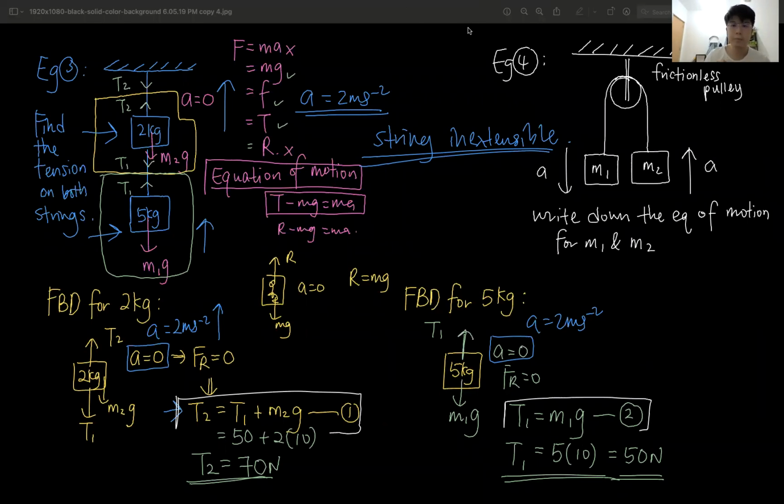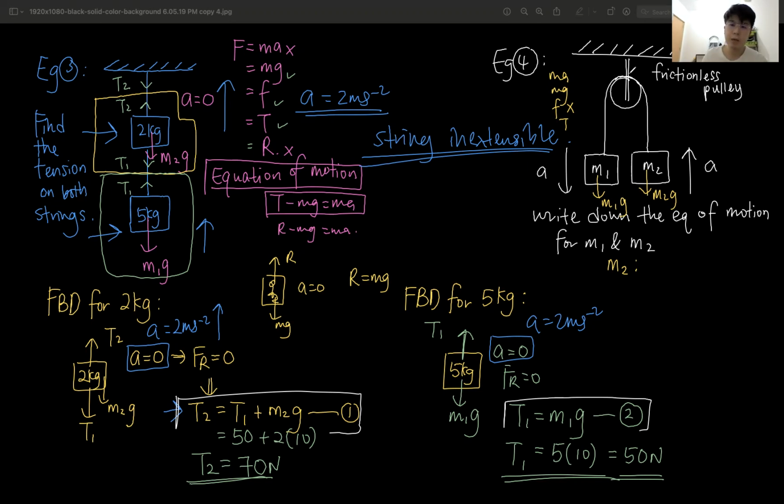Okay, let's see the equation of motion for M2 first. We have labeled the forces on the system. MA, A has already been labeled. Then we have M2G here and M1G here. There's no friction, but there is tension.